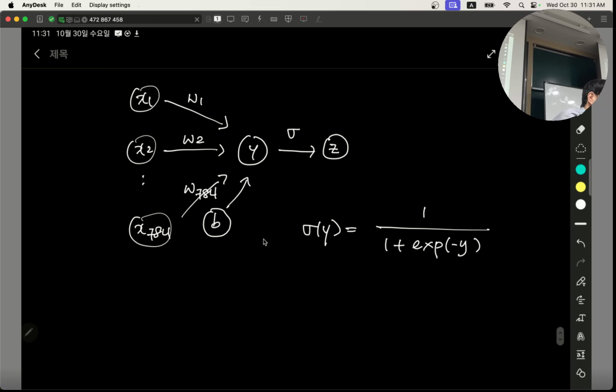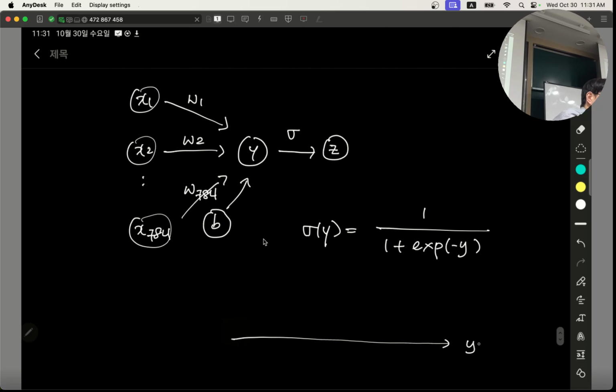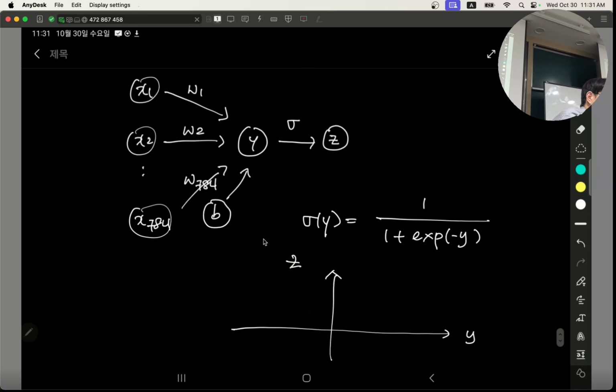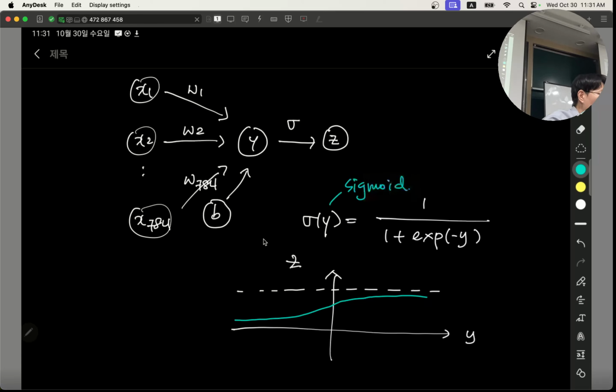So what I want is to transform the y values into z values, where the z value always lies between 0 and 1. So here's the graph of this function. This function is called the sigmoid function. So that reminds you of some words, reminds you of some presentation you heard.